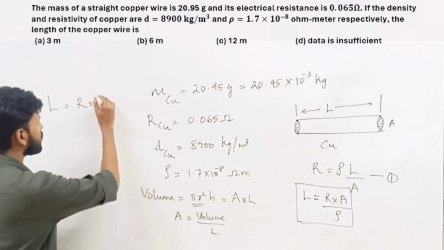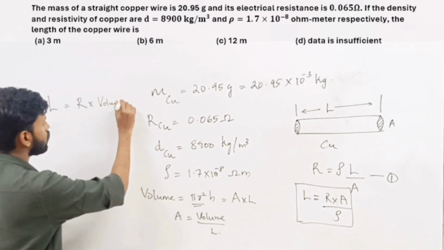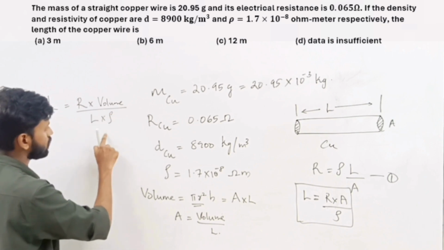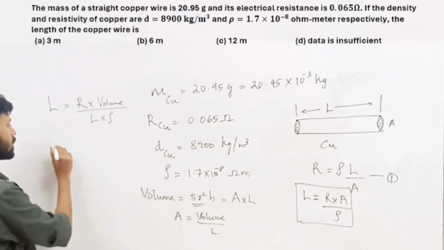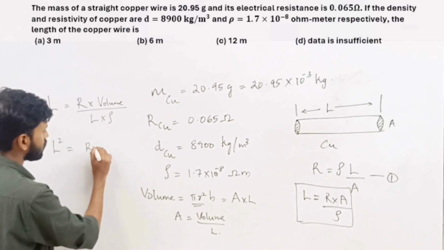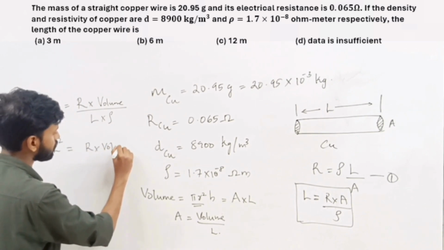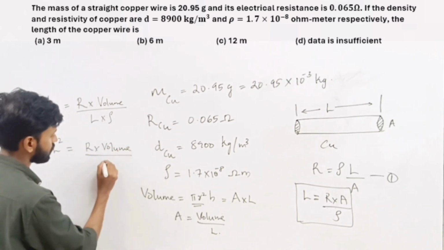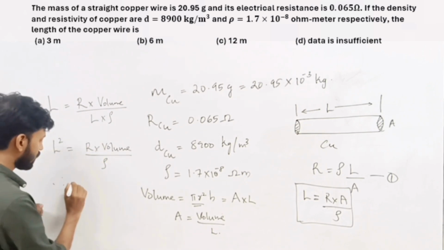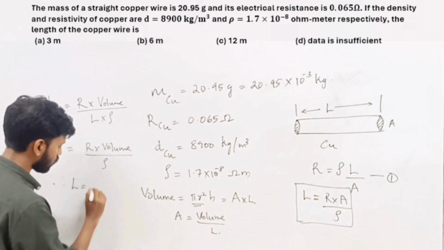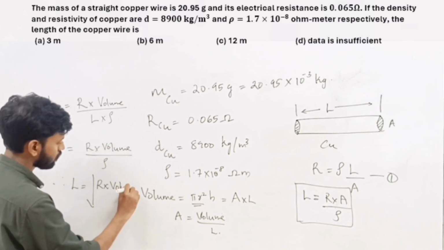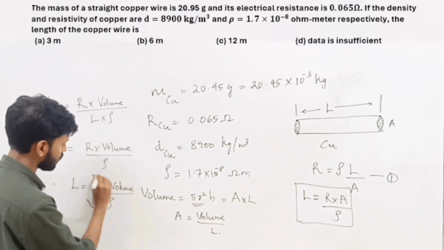Instead of area, I am writing volume by length into resistivity. So this L will go to the other side, and L square will be equal to resistance into volume by resistivity. Therefore, from this equation we know that length L is nothing but the root of resistance into volume by resistivity.